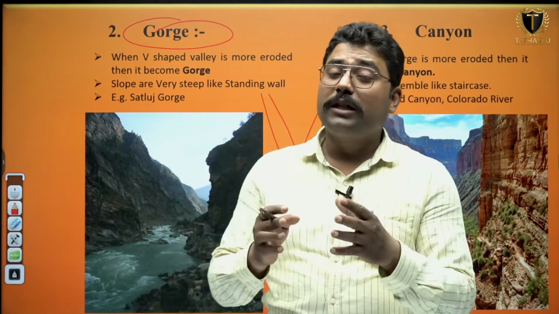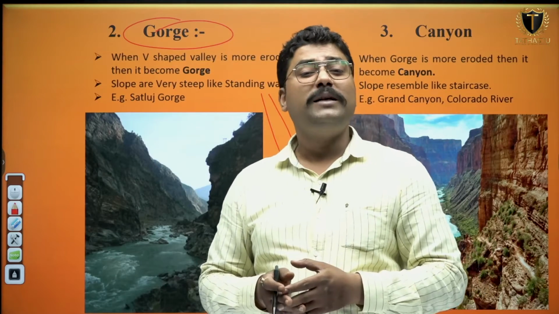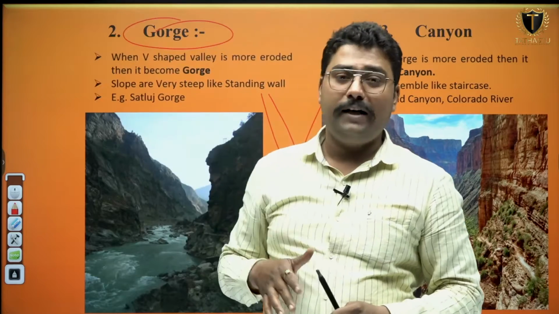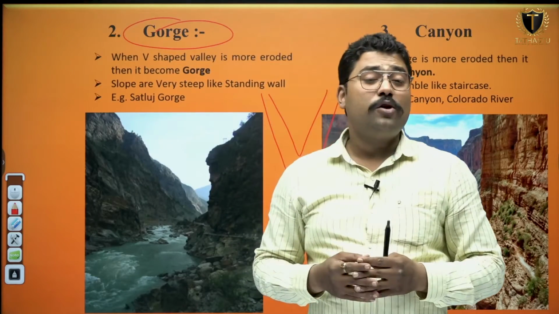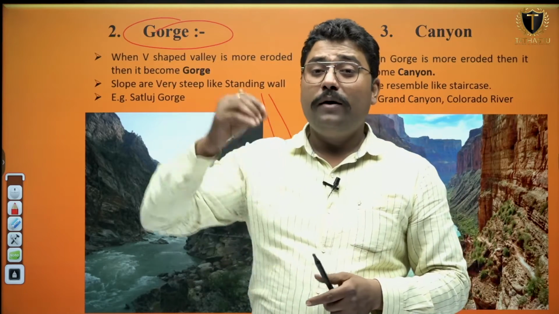Because Satluj and Indus are both considered trans-Himalayan rivers, meaning rivers which originate from the back side of the Himalaya, that is Mansarovar Lake and Rakastal.